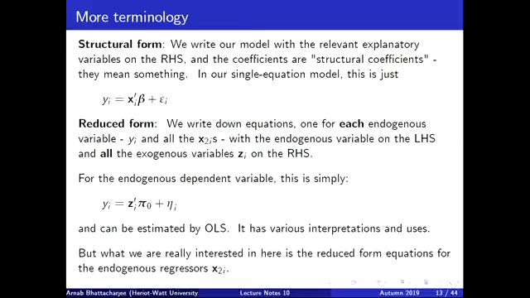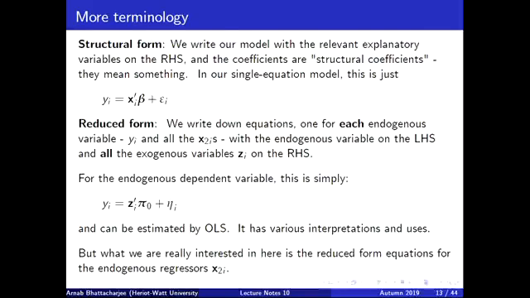Okay. So some more terminology. This is our structural form. What do we mean by this structural form? We essentially mean that these betas here have structural interpretation. What is the reduced form now?